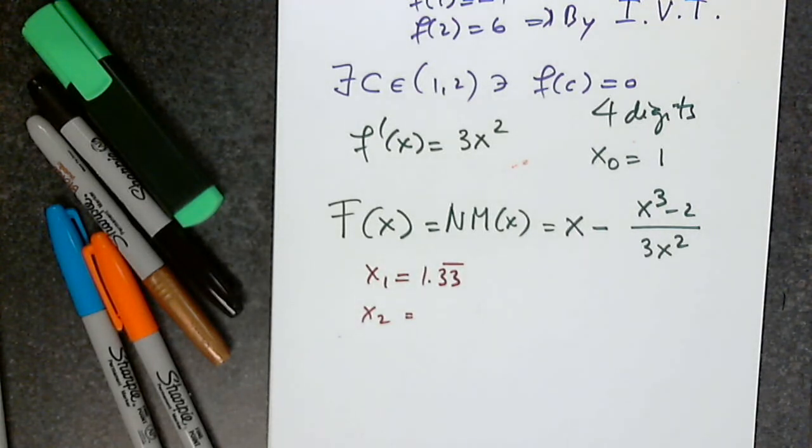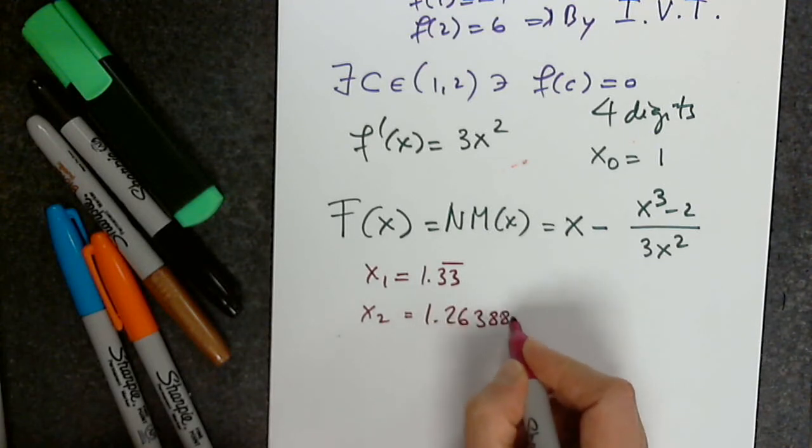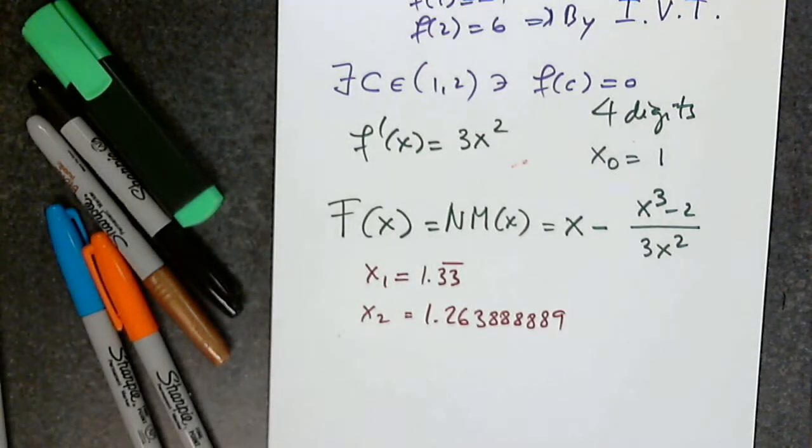Now I press enter and I get the next answer, which is x2: 1.263888. It's 5 eighths. I just recall the previous entry. Now I don't have to do anything, because when I write this again, the calculator will plug in the previous answer, which is 1.26388888, in Newton's method of x.